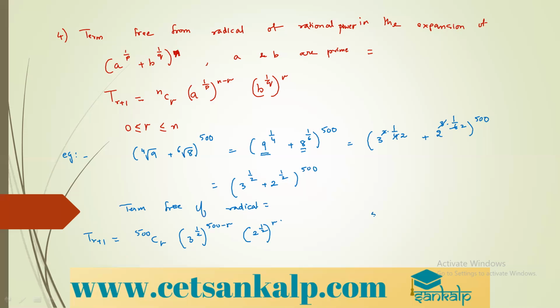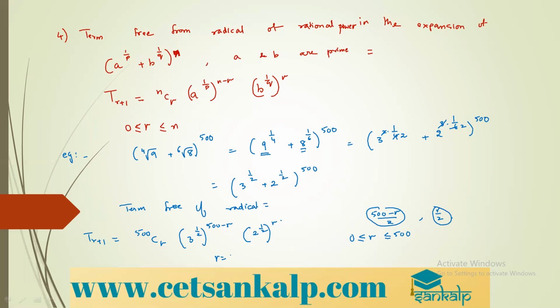Now carefully, if you observe the powers, (500 minus r) over 2 and r over 2, I have to select r starting from 0 till 500, in such a way that the radical terms will disappear.